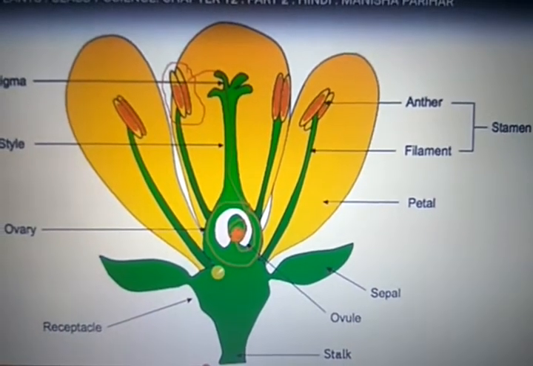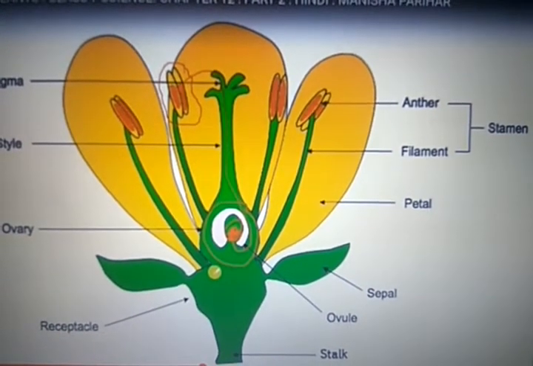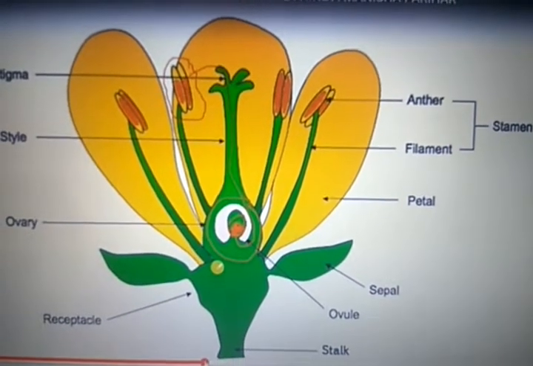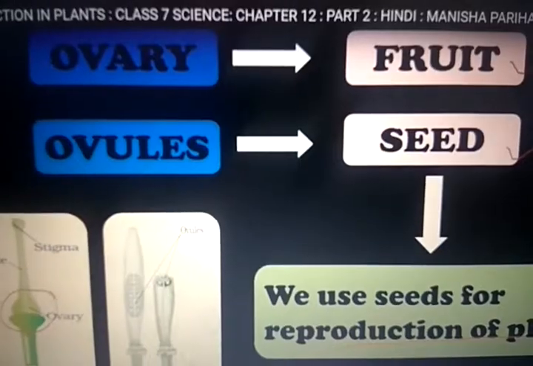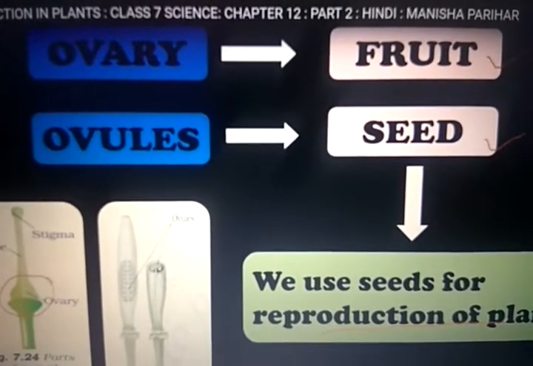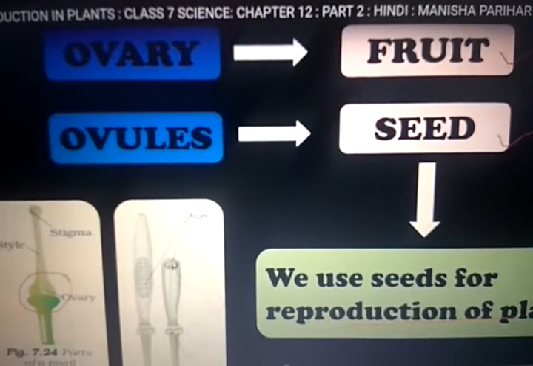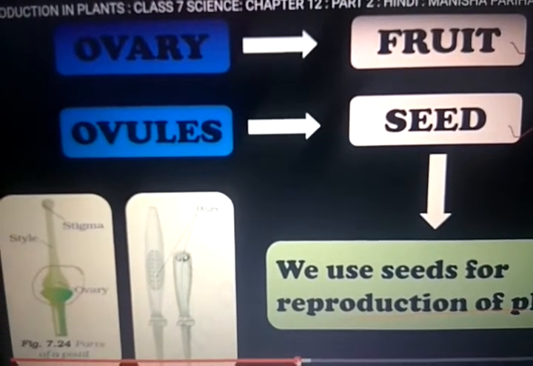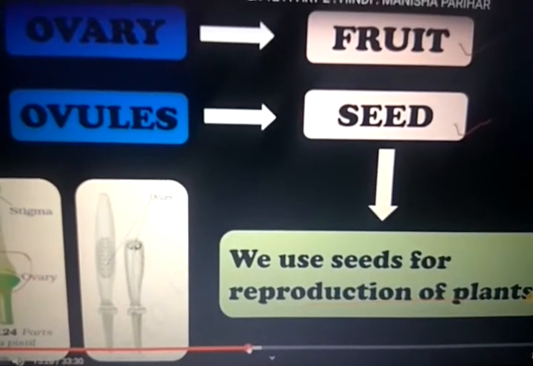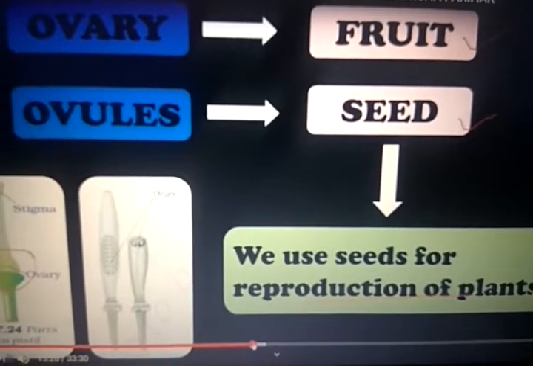So here the fusion of male gametes and female gametes is done, that is known as fertilization. When fertilization is done, from ovary we get fruit and from ovules we get seed. So that seed we use for reproduction of plants.